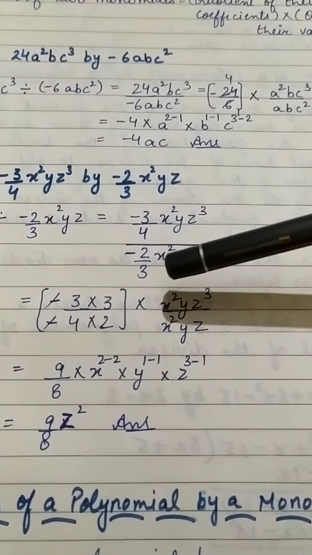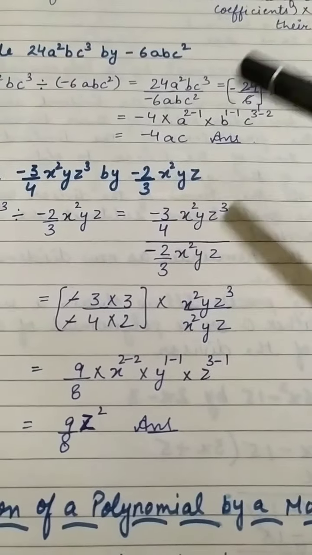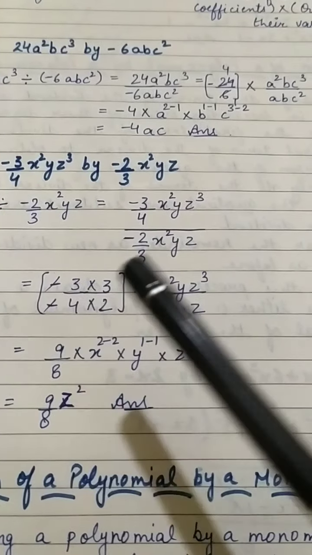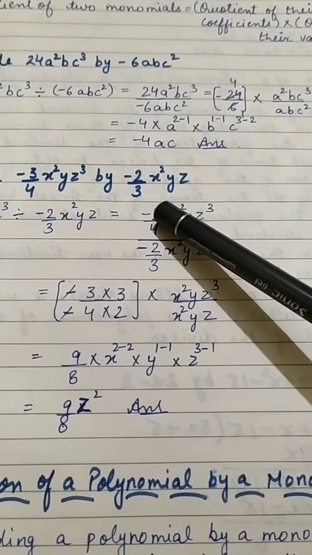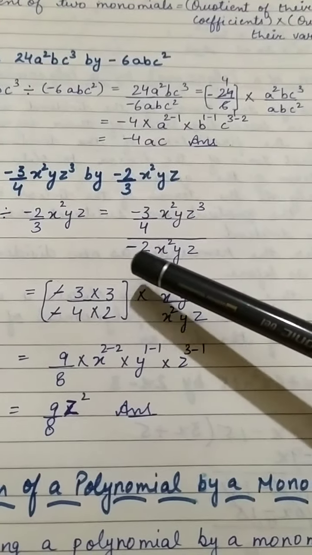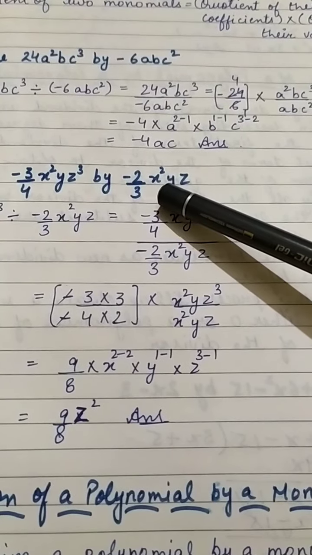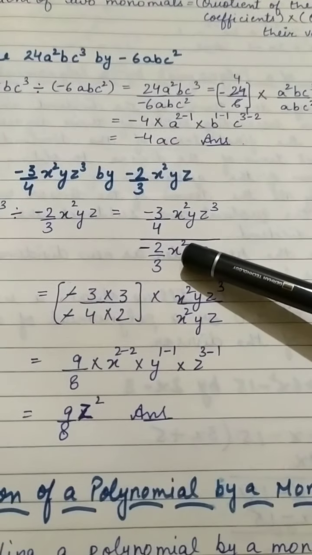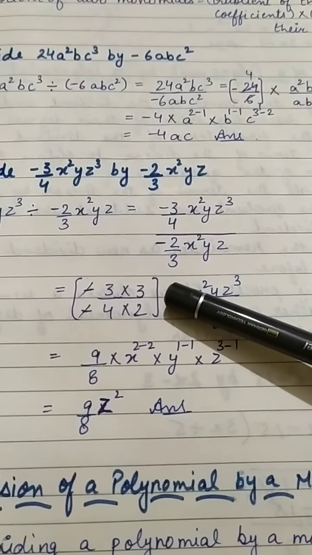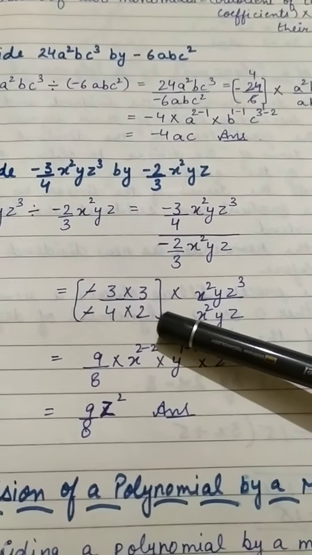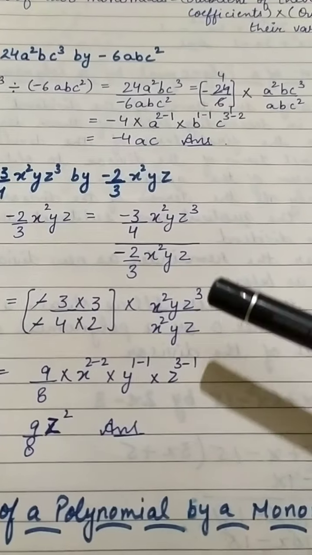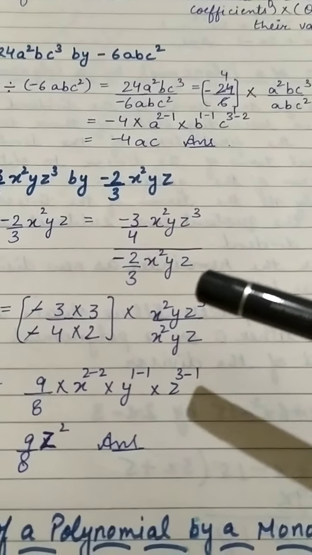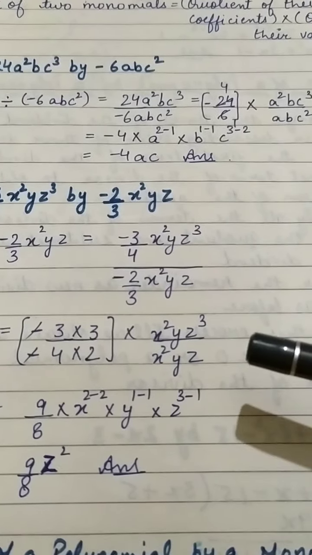So we will take the reciprocal of the numerical part because we have to separate the numerical part and the variable part. So this 2 will come in multiplication of 4 and this 3 will come in multiplication of 3. We have done the reciprocal here. So 3 into 3 upon 4 into 2, and the variable part we will write separately: x square y z cube upon x square y z.